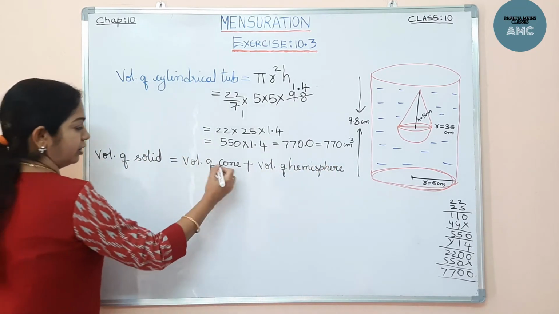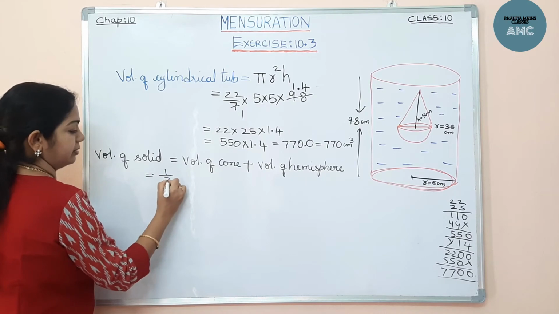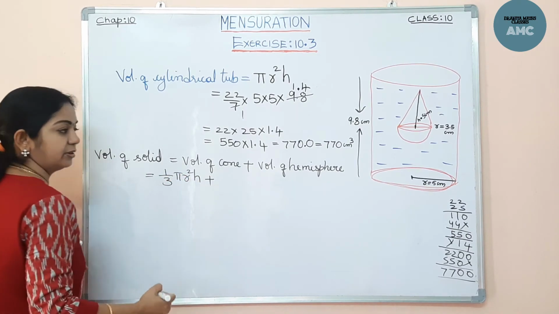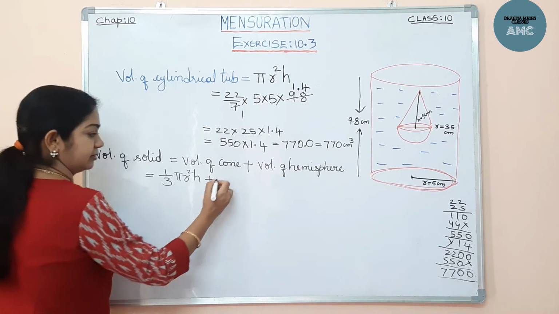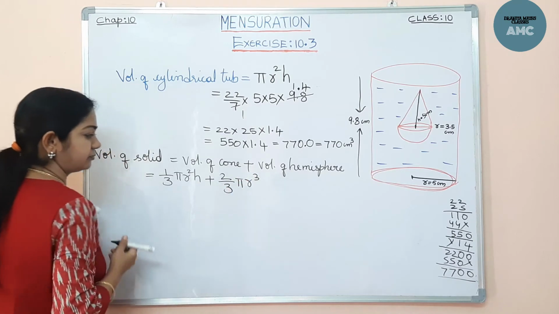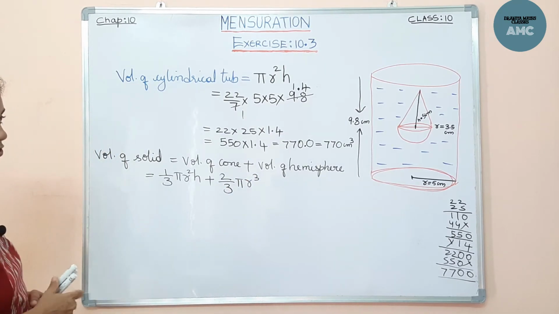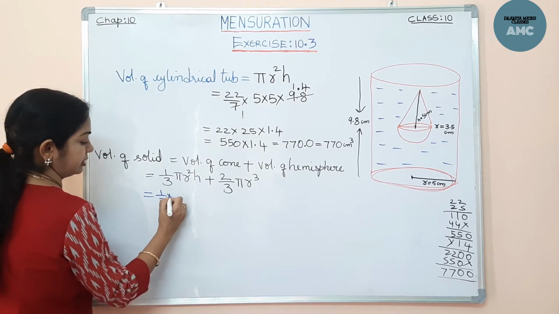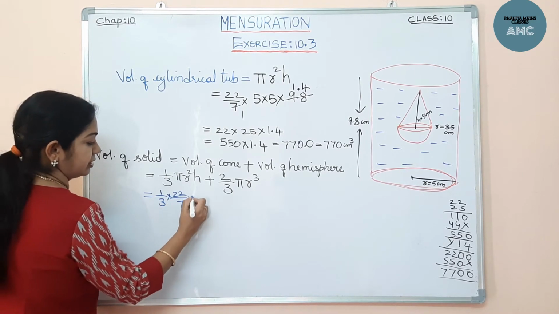Right. Now the volume of a cone is 1/3 πr²h plus the volume of a hemisphere, that is 2/3 πr³. Right. Now we will substitute the values here. 1/3 into 22/7 into r.